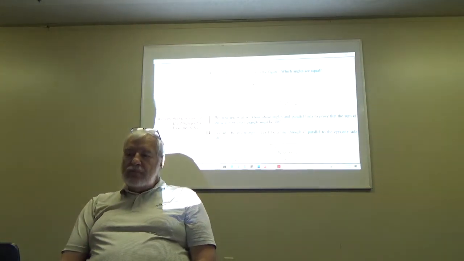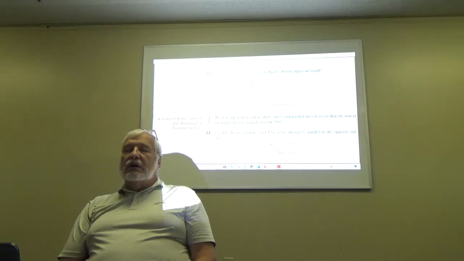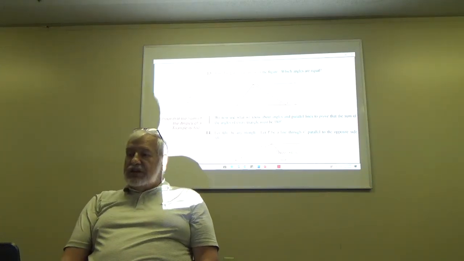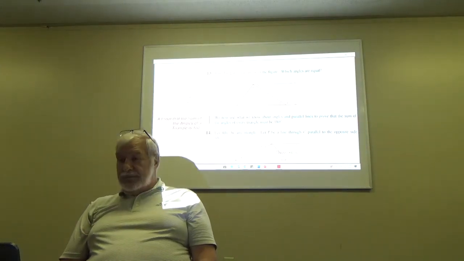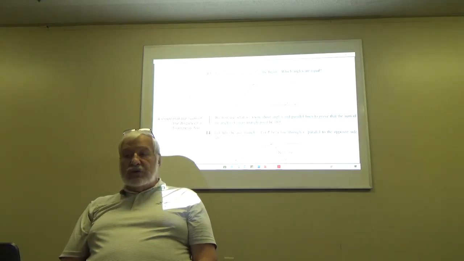All right, now what are we doing here? Next page. This is a classic problem. Do you see the parallel lines? There are two transversals.